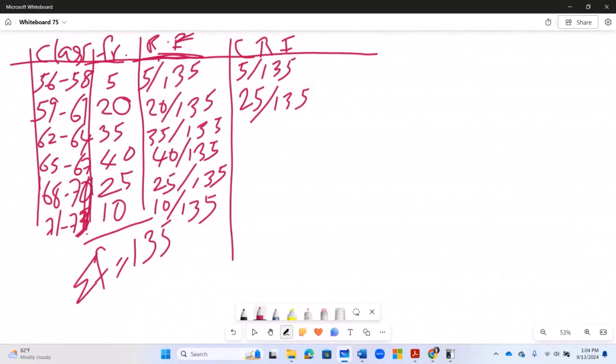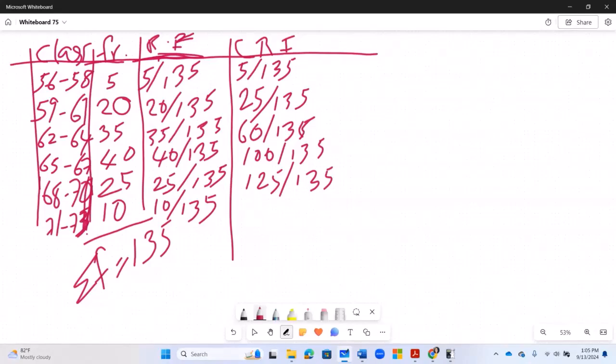The cumulative relative frequency of the third class is 25 plus 35, which is 60. The cumulative relative frequency of the fourth class is 60 plus 40, which is 100. The cumulative relative frequency of the fifth class is 125 over 135.